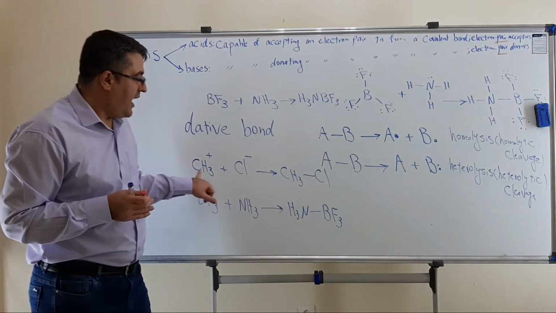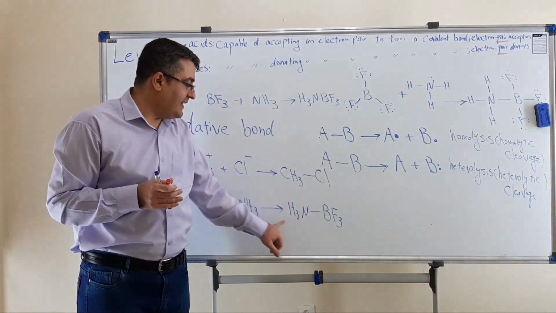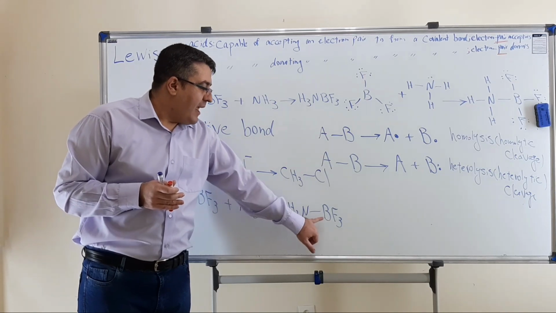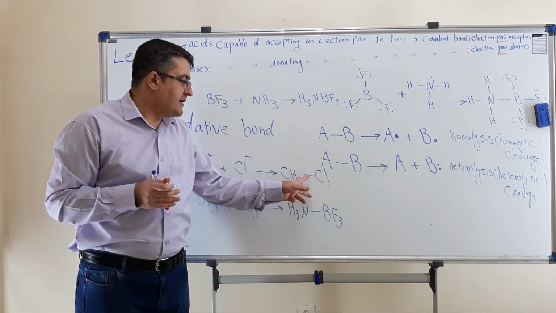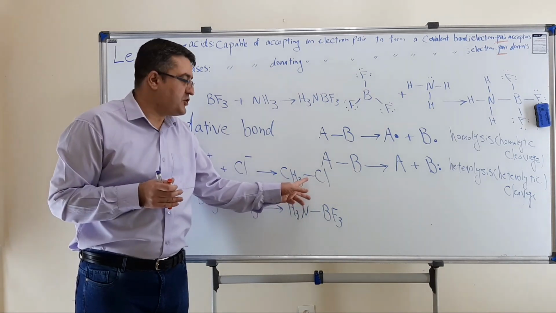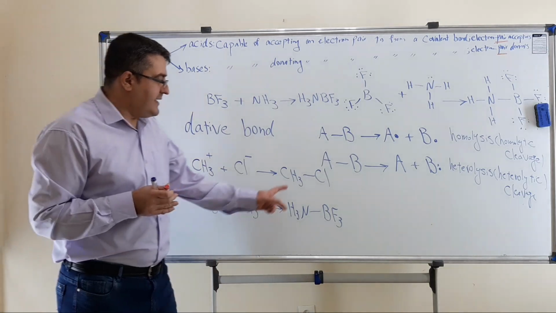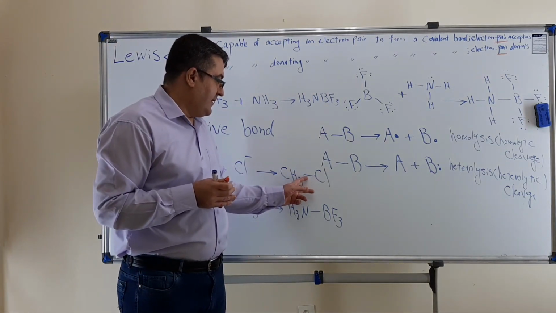In the first reaction, we have the formation of the C-Cl covalent bond, and in the second reaction, we have the formation of the B-N covalent bond. Both of these bonds can be considered here as coordination bonds. But these bonds have different characteristics.